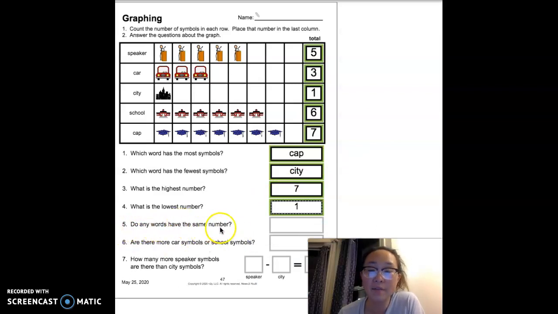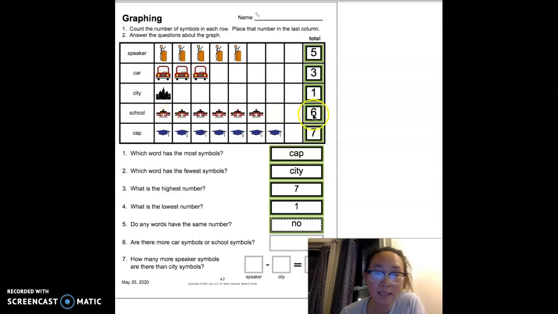Number 5. Do any words have the same number? Are any of these the same? 5, 3, 1, 6, 7? No. All the numbers are different. Number 6. Are there more car symbols or school symbols? So let's see.